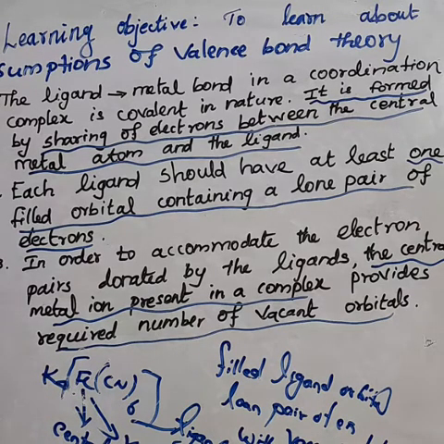What is the third point? The central metal ion present in the complex provides the required number of vacant orbitals. These are the 3 very important points about the main assumptions of valence bond theory.